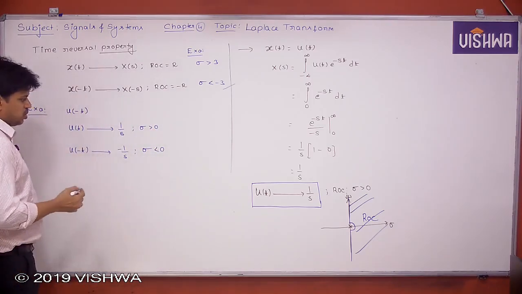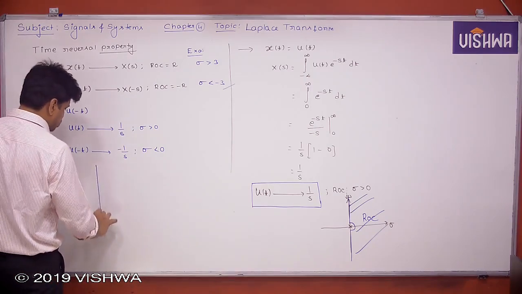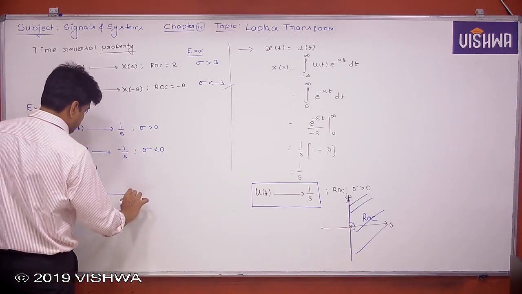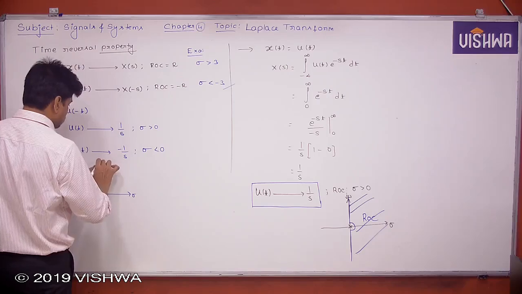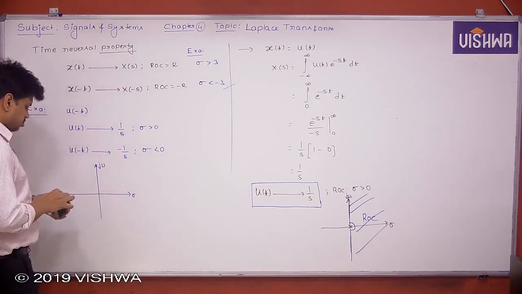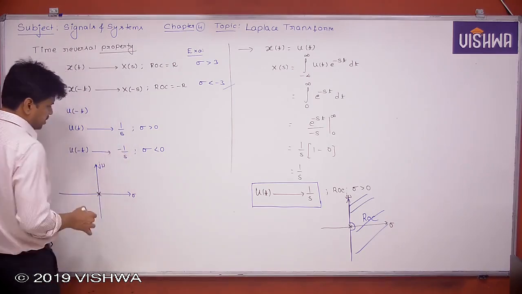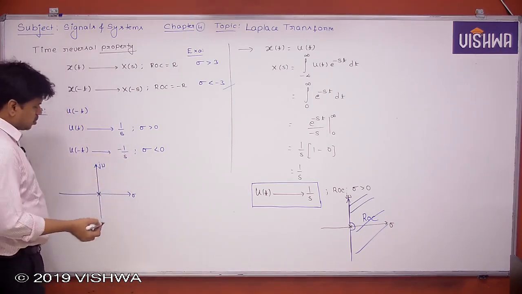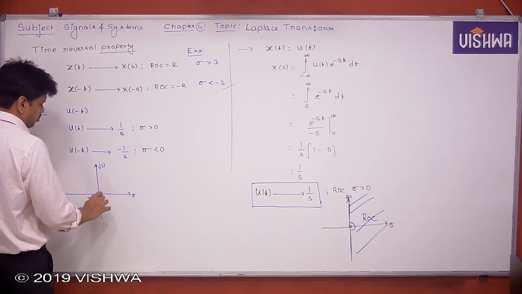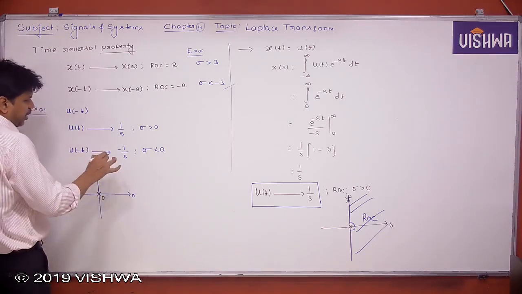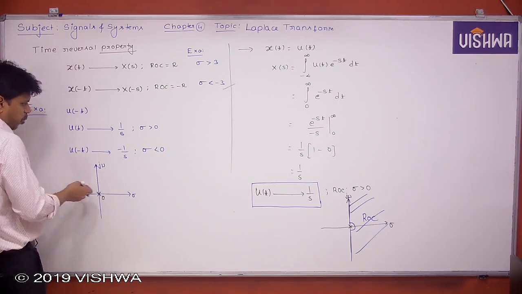So suppose I take the sigma axis and the j omega axis. Here is the pole of 1 by s. Minus 1 by s means the pole is equal to 0 only. I have to take the ROC which is less than 0. Why is it less than?